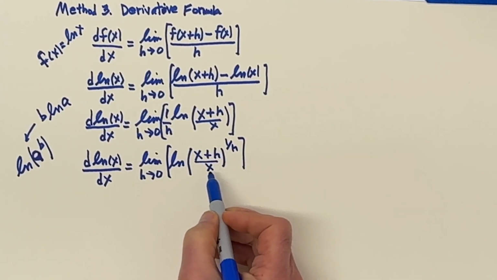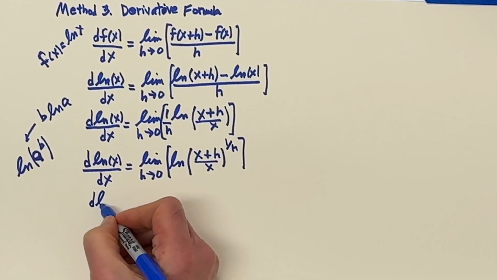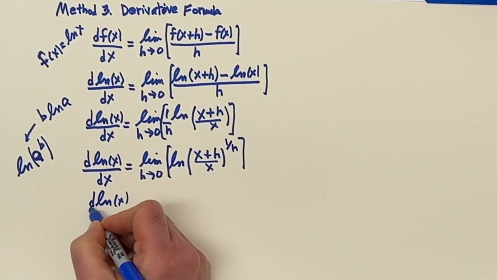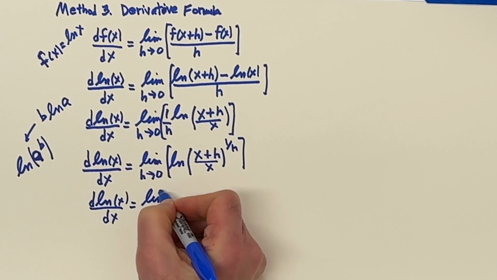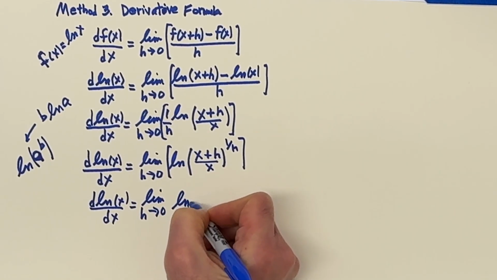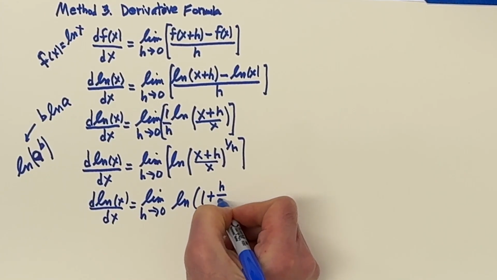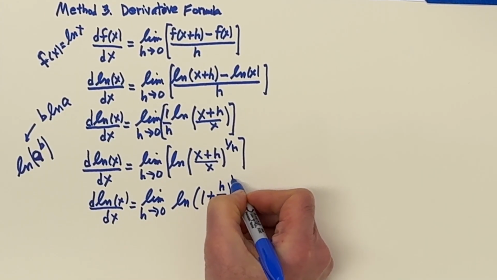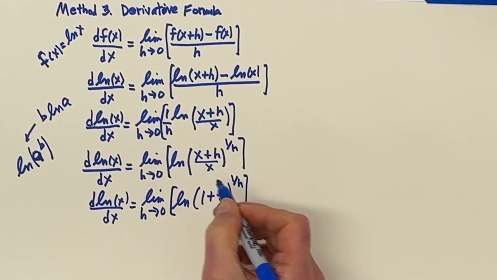And let's go ahead and divide by the x. And if we do that, we'll have the limit as h goes to 0 of the natural log of 1 plus h over x, to the 1 over h power, like this.